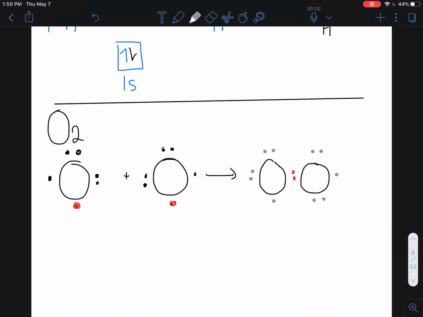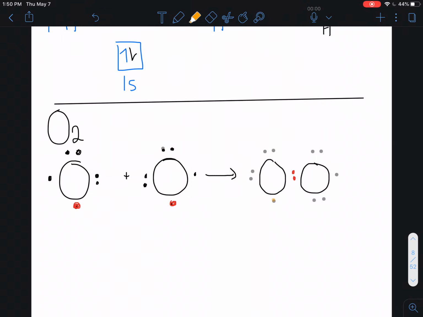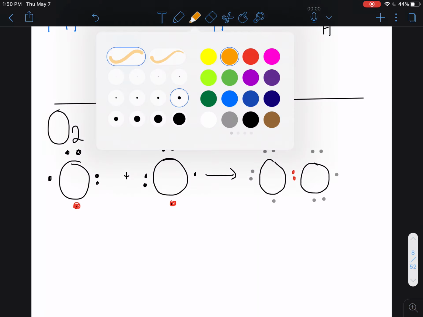So what I'm going to do is I'm going to force, and I say force, you know, that's not nice, but this electron right here is alone and this electron right here is alone. So what I'm going to do is I'm going to take this one and I'm going to bring it in the center.